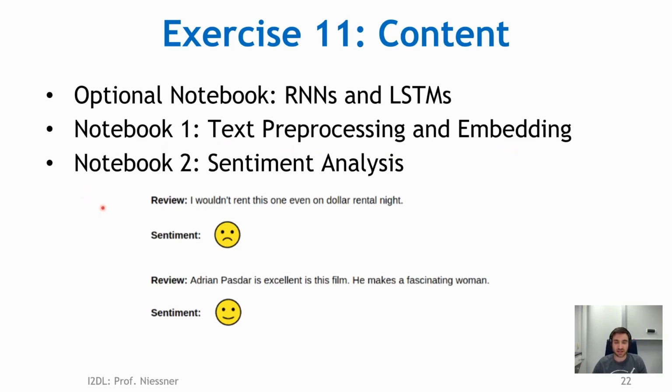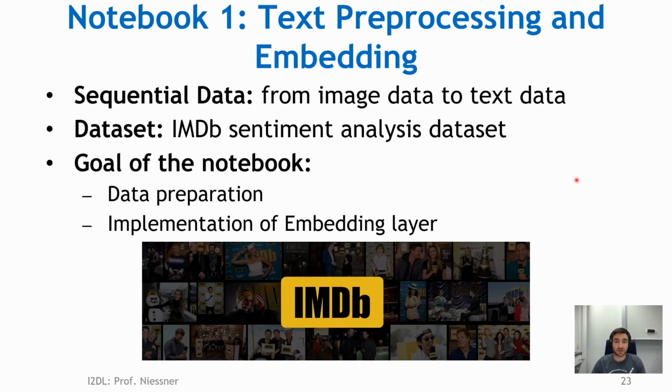The second notebook is on the implementation of the sentiment analysis task itself. And we also have an optional notebook where we allow you to implement the RNN or the LSTM module yourself. As I said, the first notebook is only about the data preprocessing, but also the embedding layer.